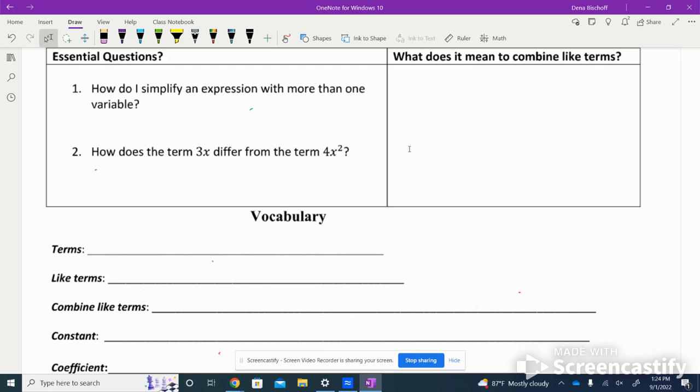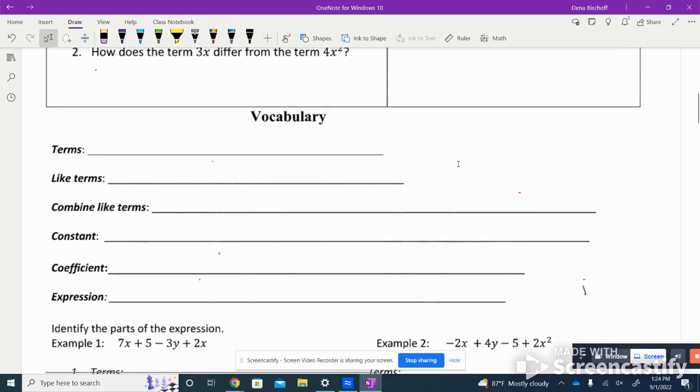What's that little number up to the top called? Not only do I have to have the same variable, I also have to have the same exponent. Okay? Does that make sense? Same variable, same exponent. Awesome. Same variable, same exponent.